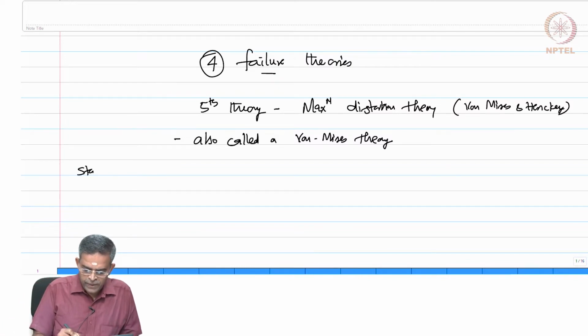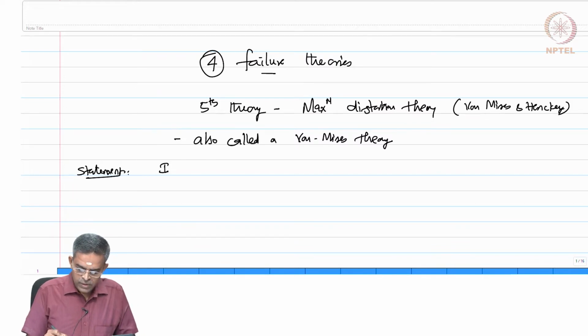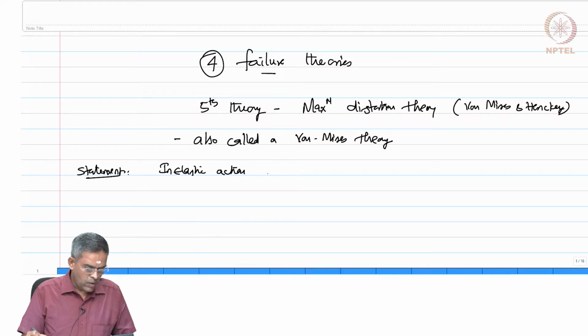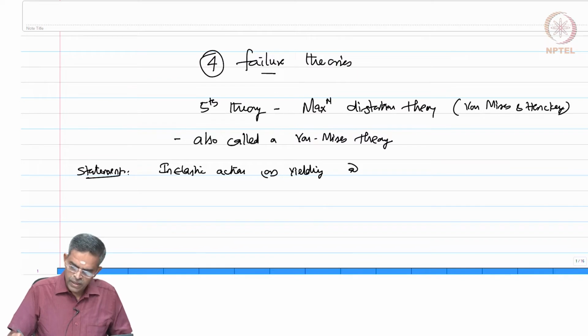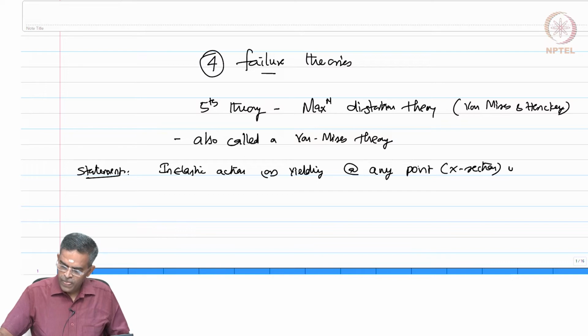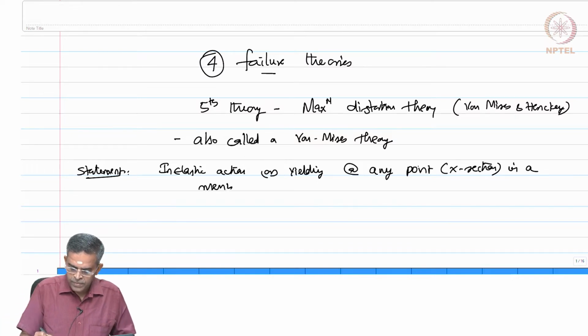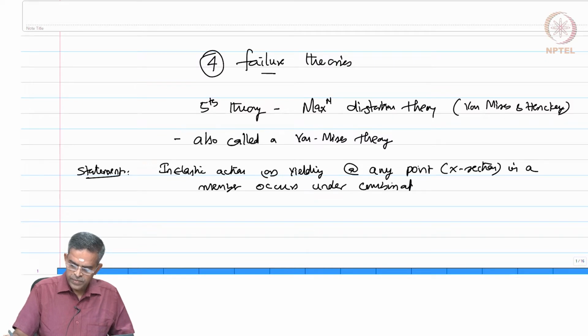The statement of the theory is as follows: inelastic action or yielding at any point or cross section in a member occurs under combination of stresses.